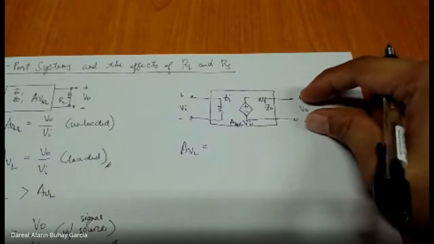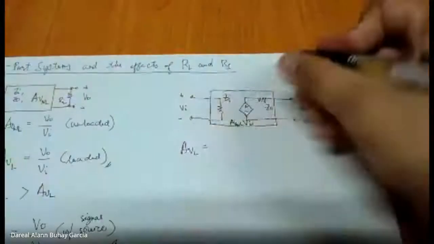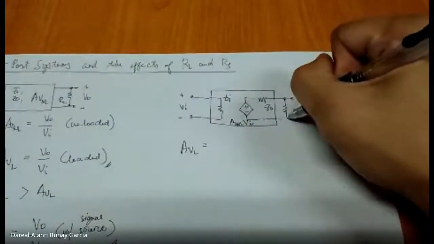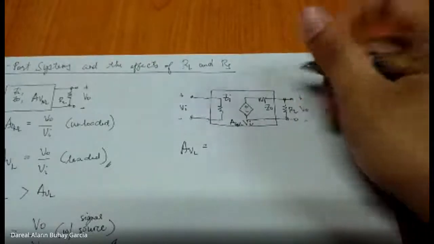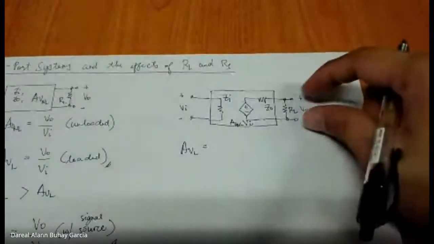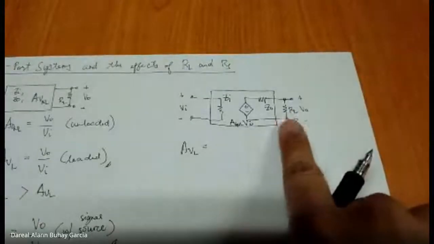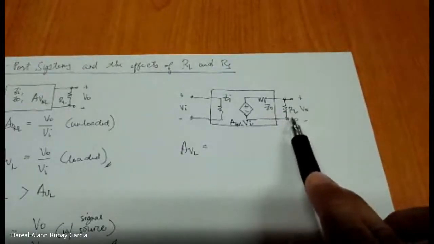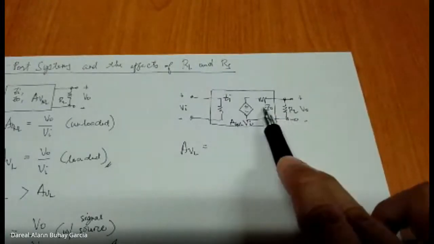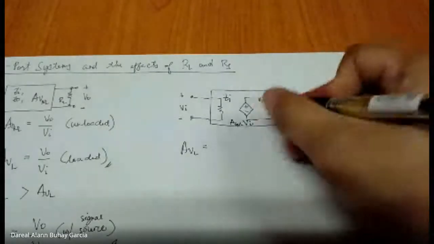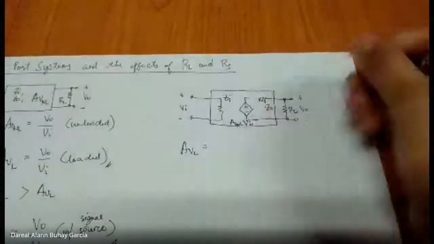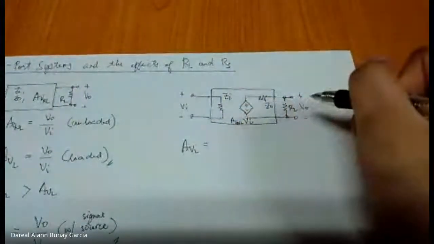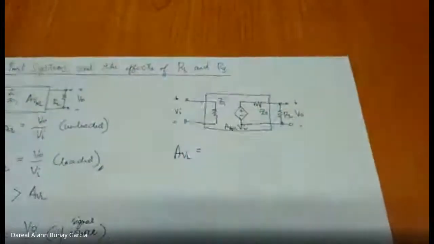If we try to solve for VO, because we have an RL now as our load here, the value of VO is different. VO is the voltage drop across RL from the voltage divider, which should be equal to RL over RL plus ZO. Right? Okay, scratch that.